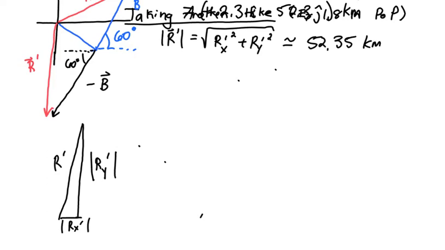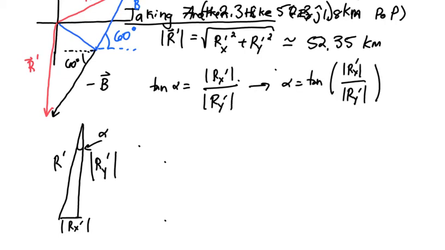Now I can use my knowledge of trig. I have an opposite side and an adjacent side, and so I can find this angle, which I'm going to call alpha, by taking the tangent of alpha is the magnitude of r x prime divided by r y prime. If I work that out, I get the answer, which turns out to be 2.52 degrees.